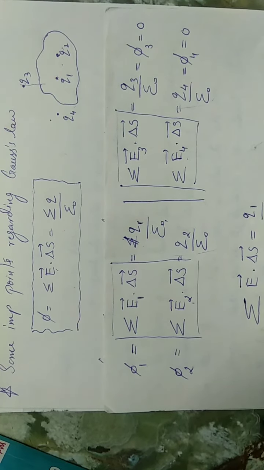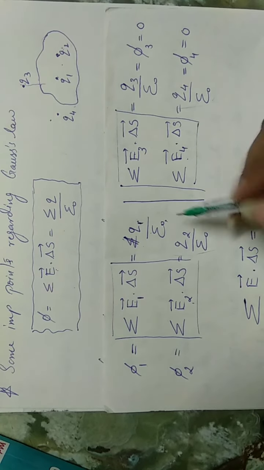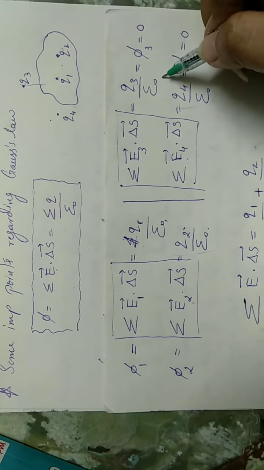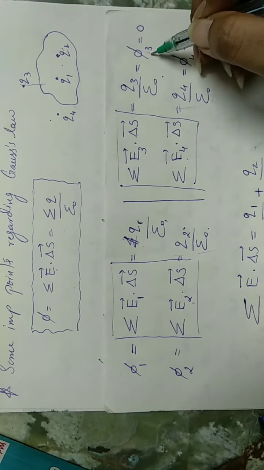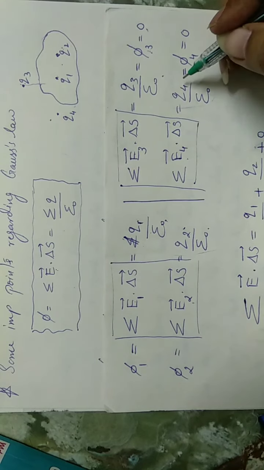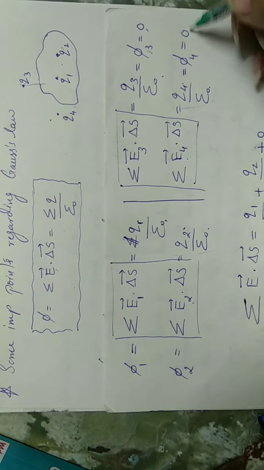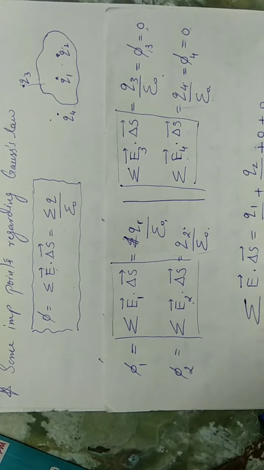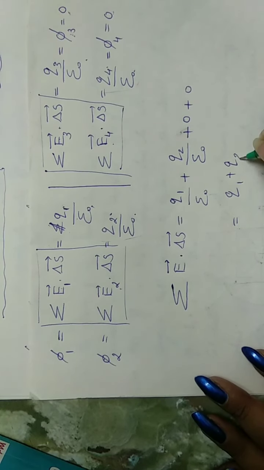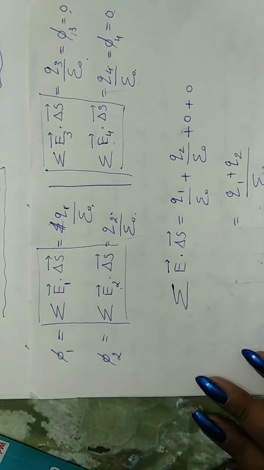So I'll write Q1 upon epsilon naught. Q2 upon epsilon naught, that was phi 2. So I'll add Q2 upon epsilon naught. Now Q3 upon epsilon naught, that was phi 3, but what is its value? It was 0. Same way, Q4 upon epsilon naught, that is also 0. So here I'll get Q1 plus Q2 upon epsilon naught.